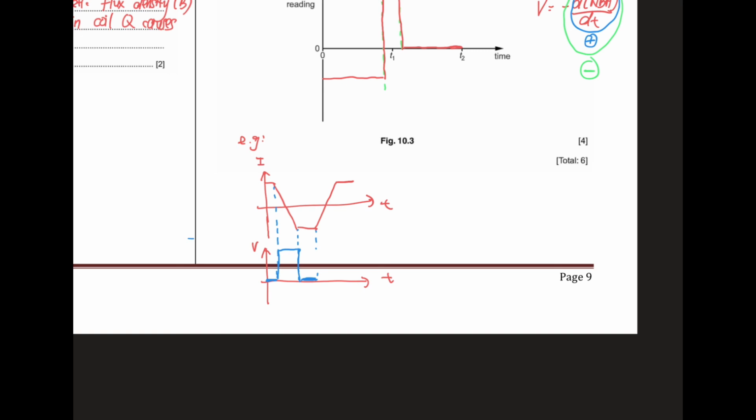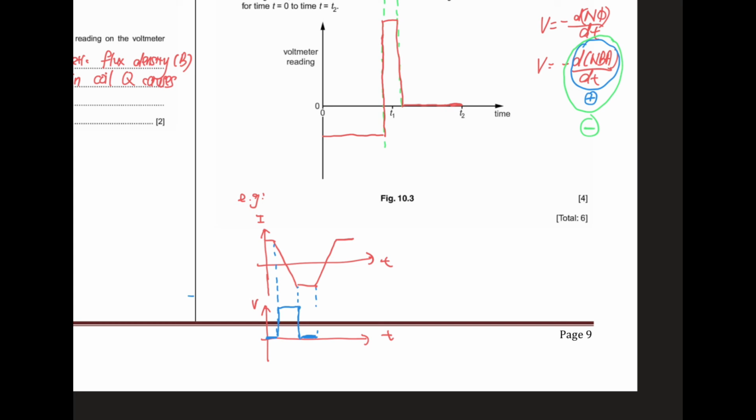Now from this part onwards, there is a positive gradient. Positive, then with the negative in front, as you can see in the Lenz's law formula up here, when this is positive, here is negative, so we end up with negative all the way here.